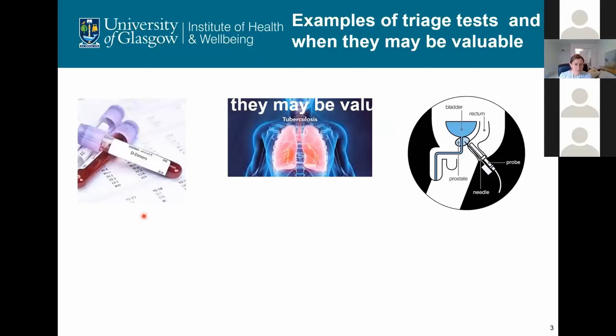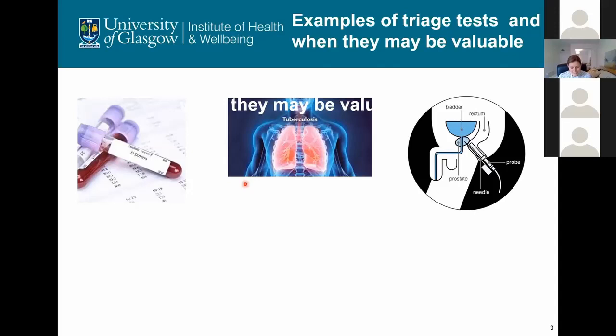So here's a few examples of when triage tests might be useful. Using this D-dimer blood test as an example in pulmonary embolism. D-dimer can be used. It's a quick and cheap blood test. And the reference test there is CT scan. So that's capacity constrained, quite expensive, and needs specialist personnel.